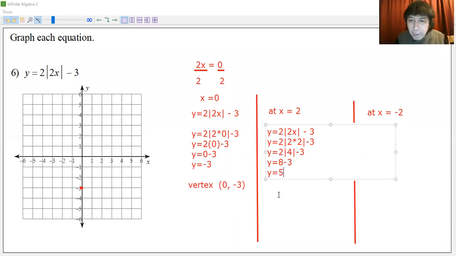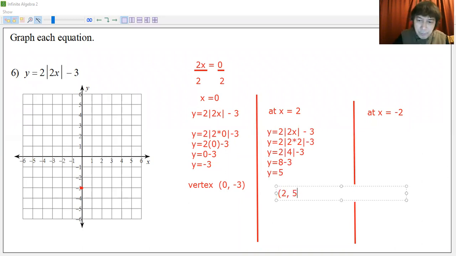And we have our second point, 2, 5. Now let's continue with x equal to negative 2 using the same equation.